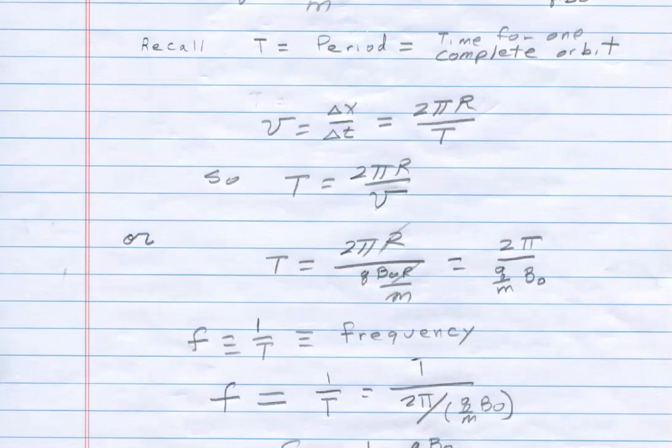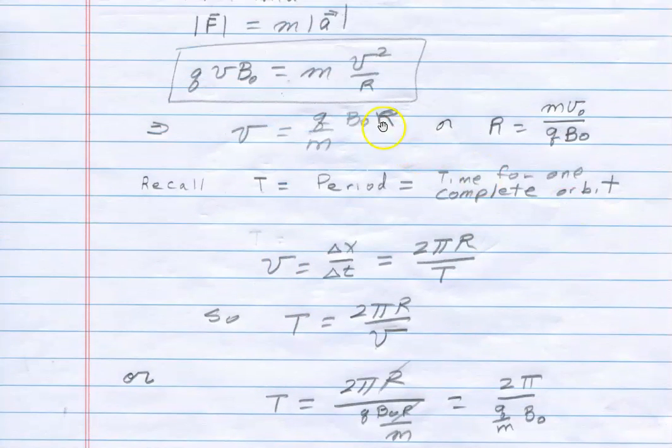Now, for uniform circular motion, you know that there were several different quantities that were defined, and one of them was the period. If you remember from last semester, the period of uniform circular motion is the time for one complete trip around the circle, or one complete orbit. And we can use that. The velocity, if you look at the velocity, q's constant, m's constant, B naught's constant.